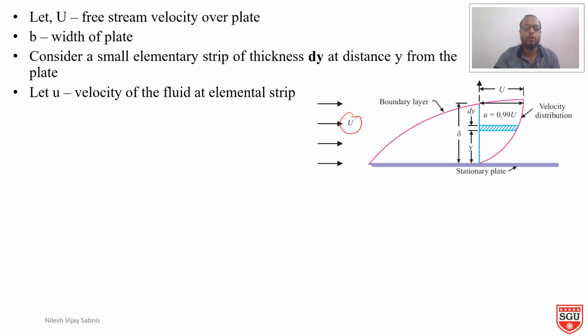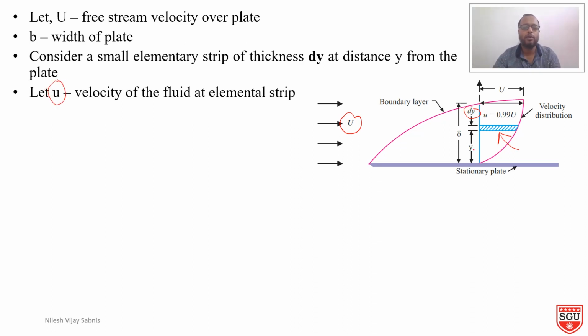B is the width of the plate, which is inside the board. Consider a small elementary strip here, which has thickness dy at a distance of y from the plate. Let the velocity of fluid at the elementary strip be u, small u.